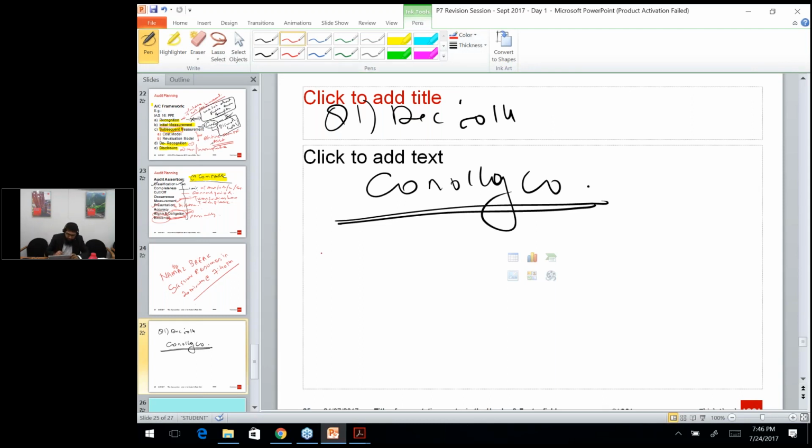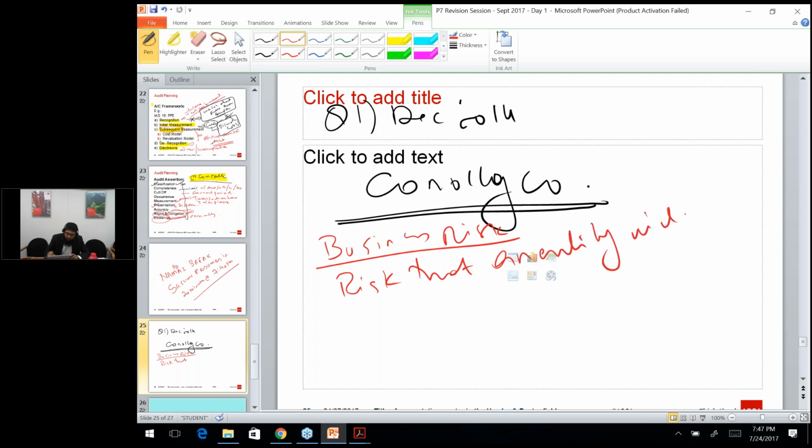First, what exactly do we mean by business risk? Business risk is the risk that an entity will not be able to achieve its objectives.